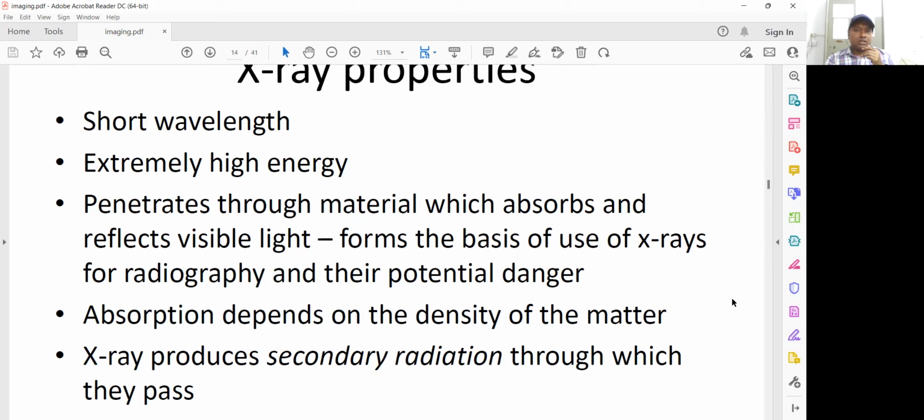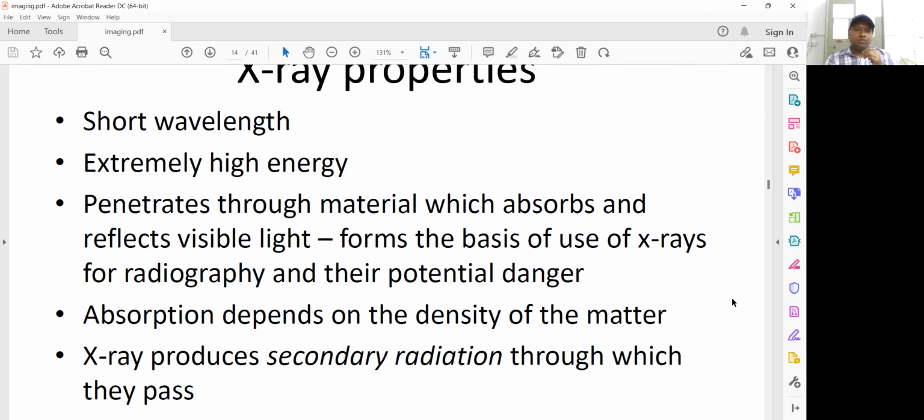The potential danger is that if you use the X-ray on a particular organ multiple times, there is a chance that the organ can be affected. So this is obviously dangerous for the human body, and this should not be done.